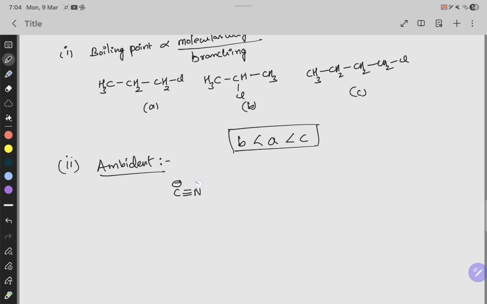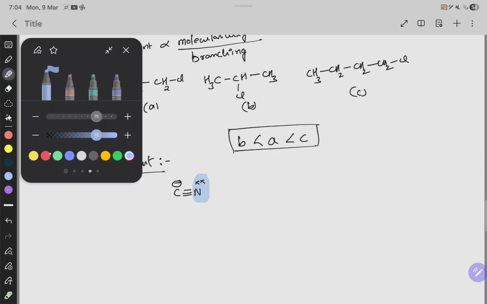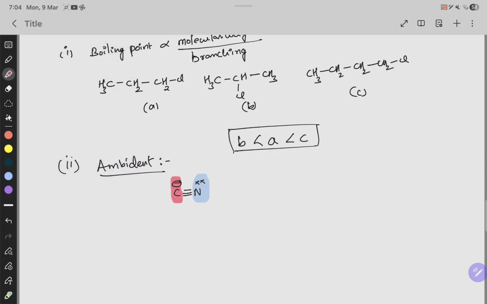Here the carbon atom has a negative charge, which means one lone pair, and the nitrogen also has a lone pair. So in this case both nitrogen can donate and this carbon can also donate.